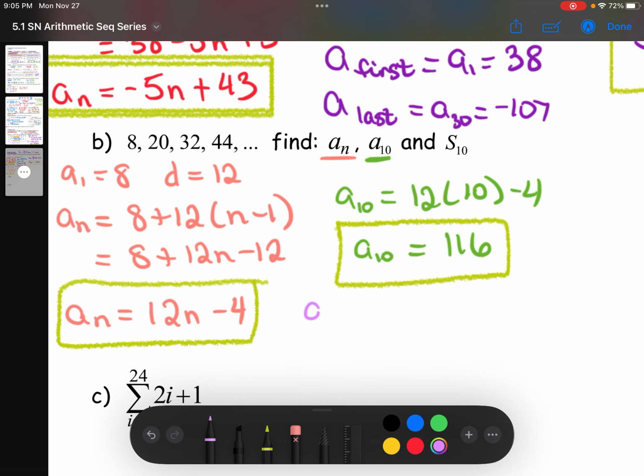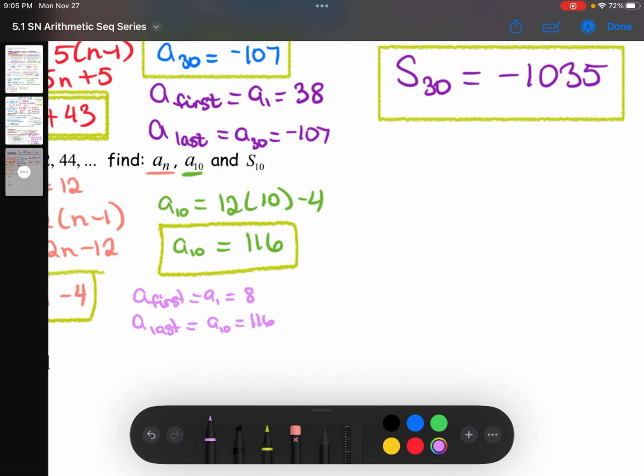Now, a first is a sub 1. That was 8. A last is a sub 10, which we just found out was 116.